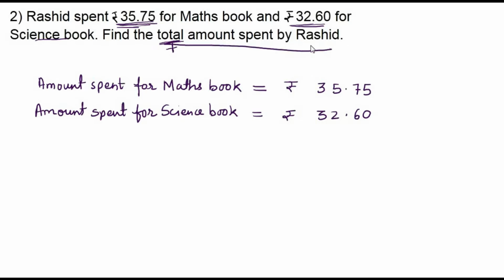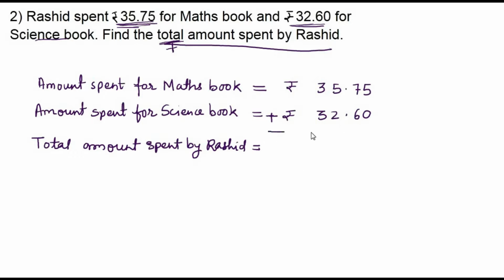We can copy the statement as it is from here. So we will write total amount spent by Rashid equal to, we are going to add the numbers here only. So for this, always write the numbers just below the numbers and decimal point just below the decimal point.